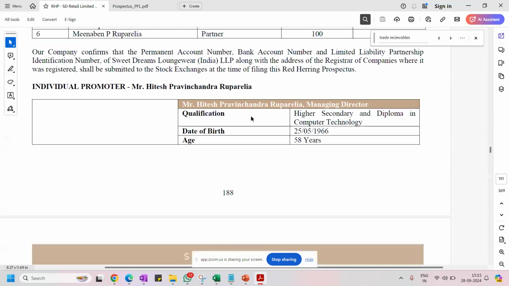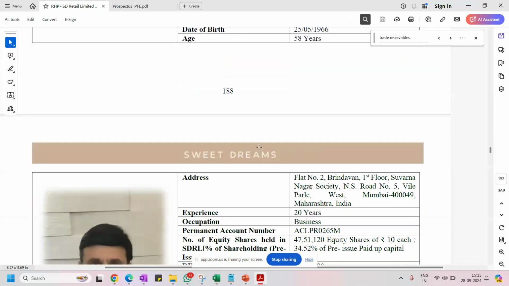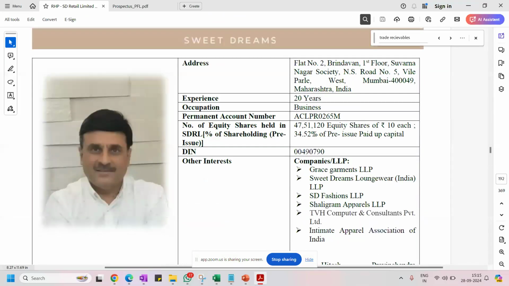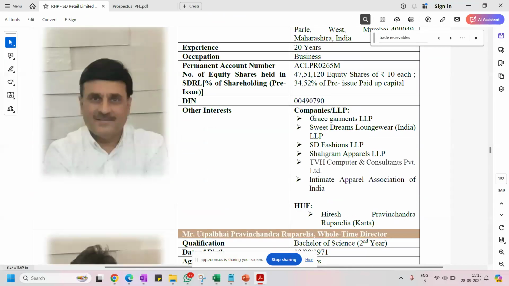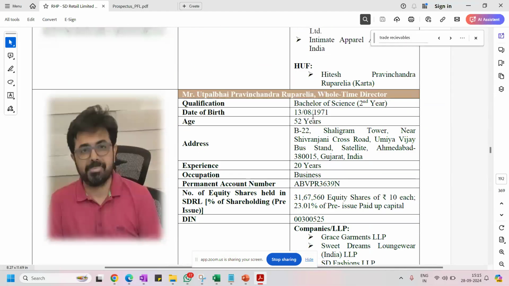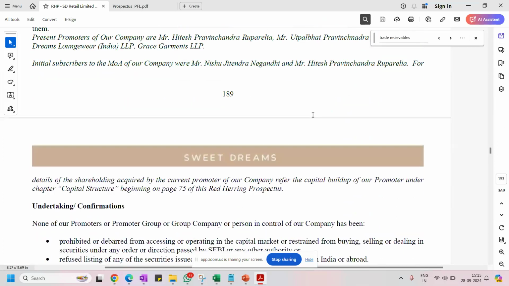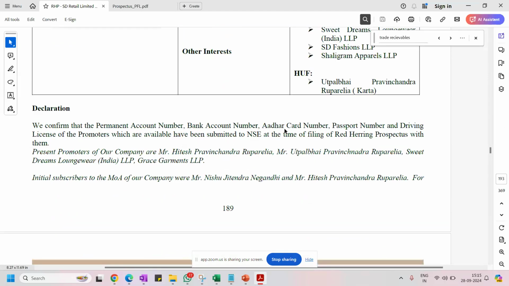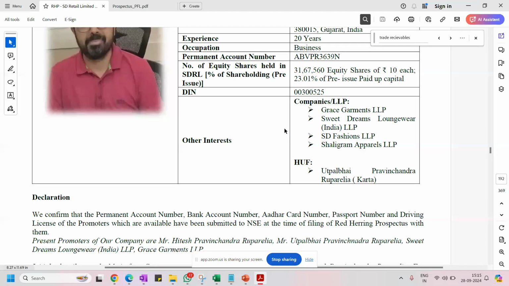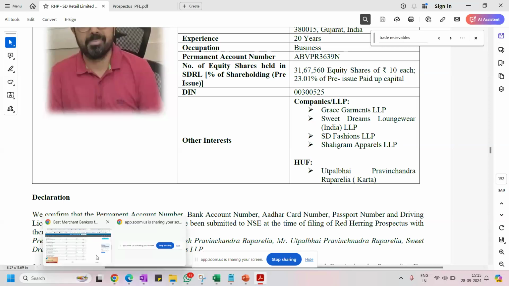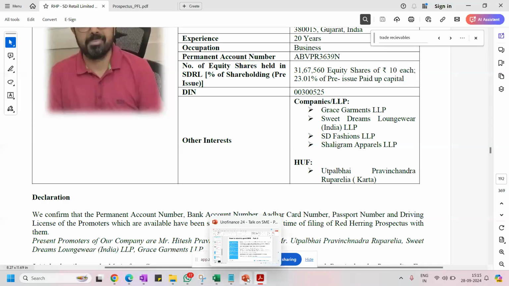So this is Mr. Hitesh Ruparelia, his address, his PAN, and the companies where he holds ownership. You'll be able to understand, at least from the written information, the qualification that the promoter has.